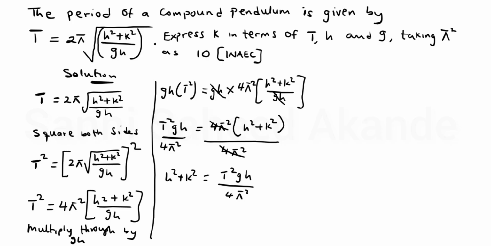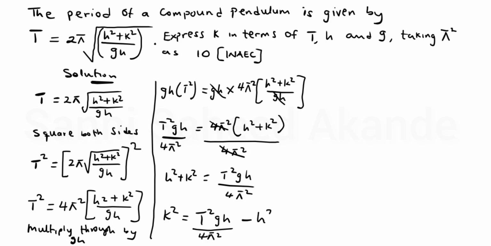Now we are looking for k, then I will make k the subject here. So k squared is equal to t squared gh divided by 4 pi squared. Then this h squared, I will take it to the right hand side, then it changes to minus h squared.